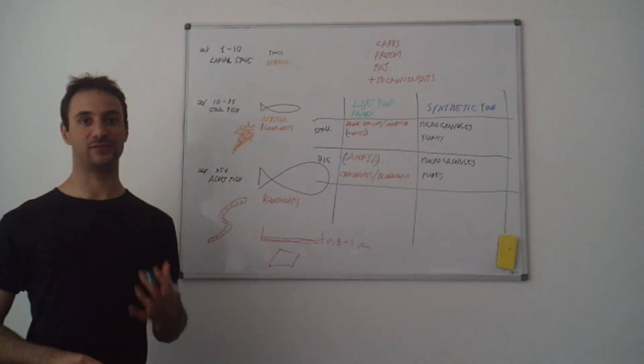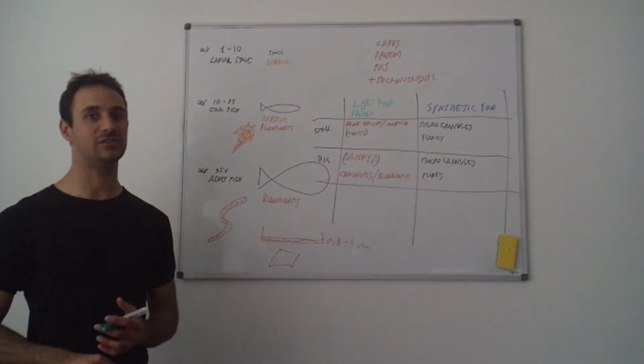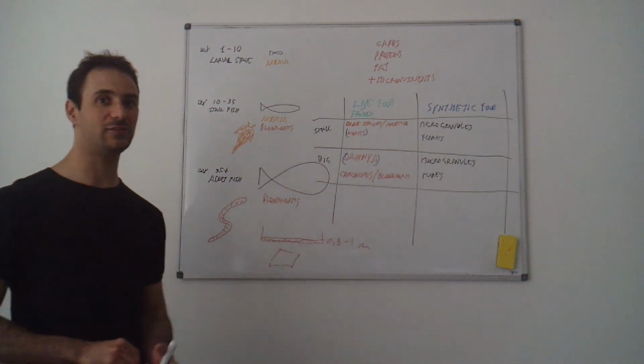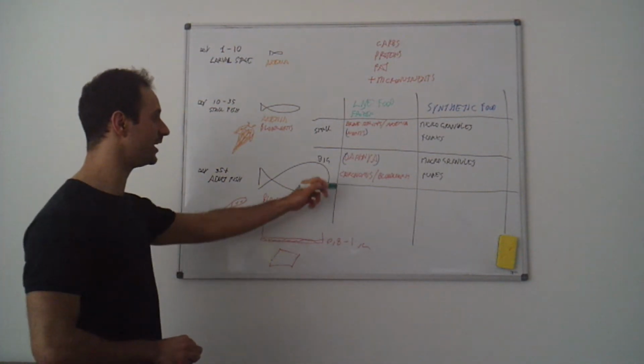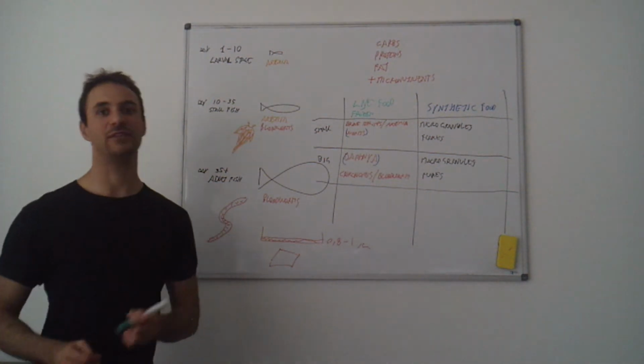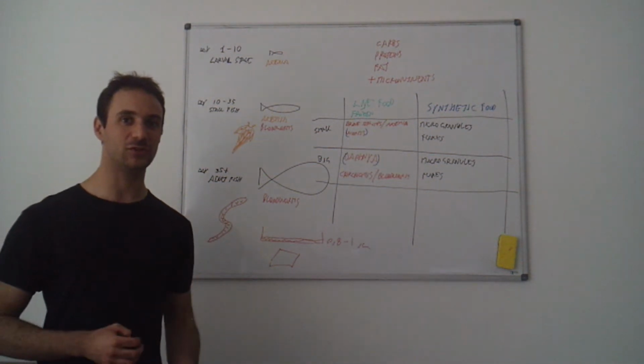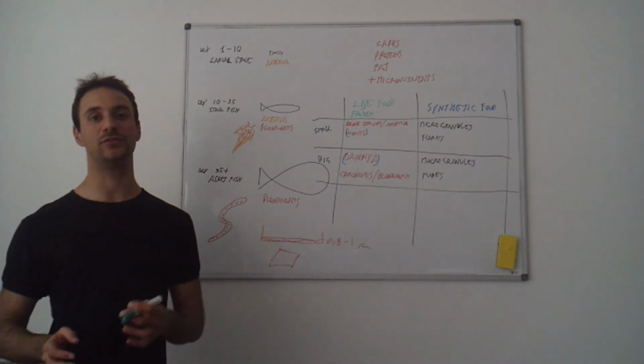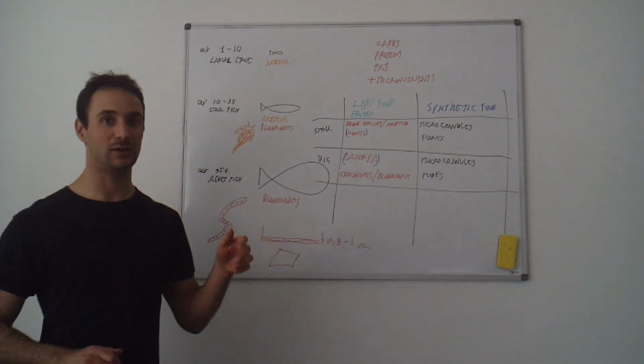Which are the disadvantages? The disadvantages are that if for any reason the food quality is not that good, you can have infections or contamination, or the health of your fish can slowly lower.